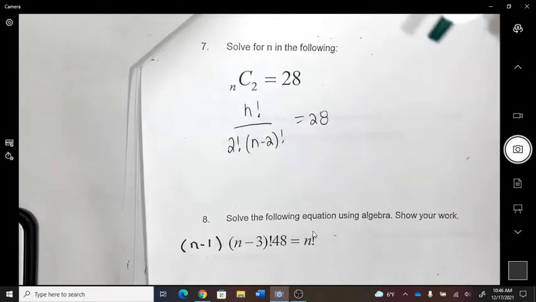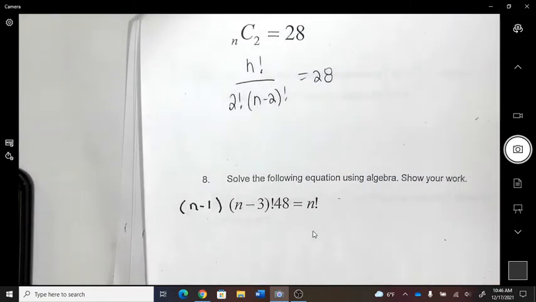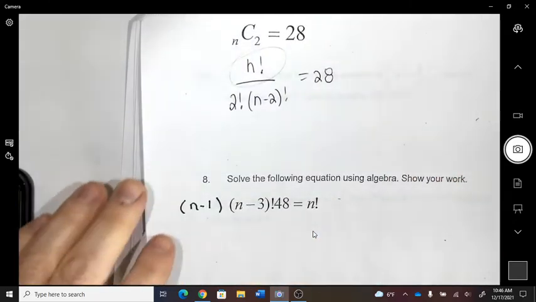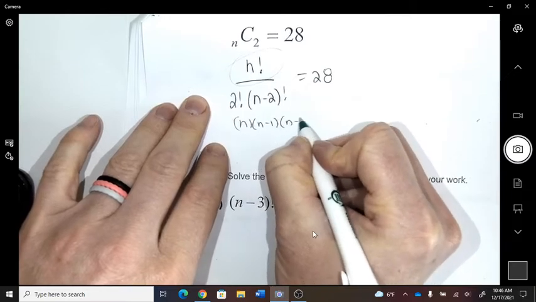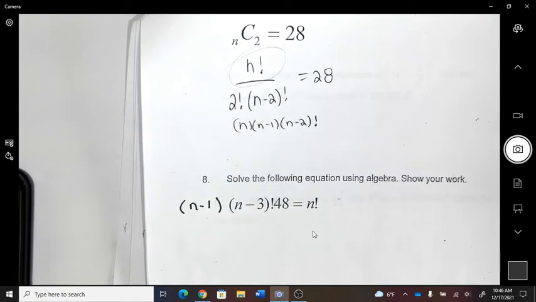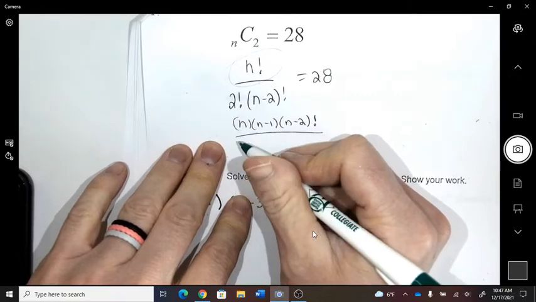Okay, so once I see factorials, I'm going to expand. So I'm going to expand the bigger one. So that's that one. So n minus 1, n minus 2. Two factorial is just the number 2.